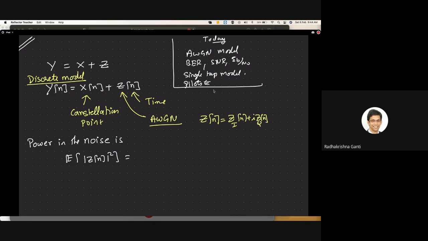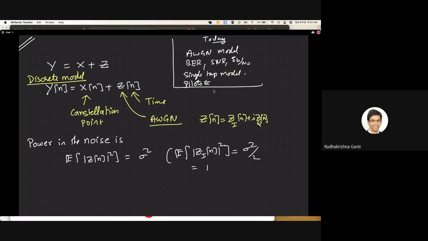The mean value of the power is equal to sigma square. Out of the sigma square, half of this is in the imaginary part and half of this is in the real part. Expected value of mod zi of n whole square is equal to sigma square by 2. This is also equal to expected value of mod zq whole square. So both of them are equal. Real part and imaginary part powers are equal, and the total is equal to sigma square.